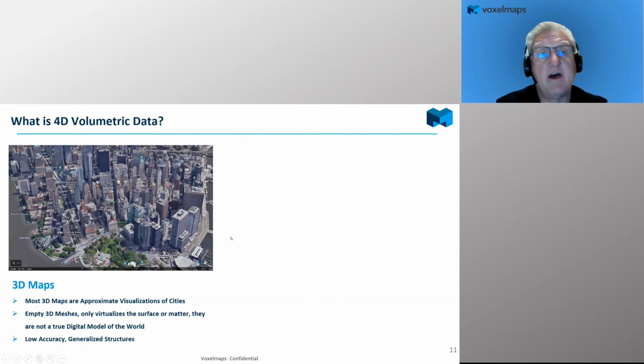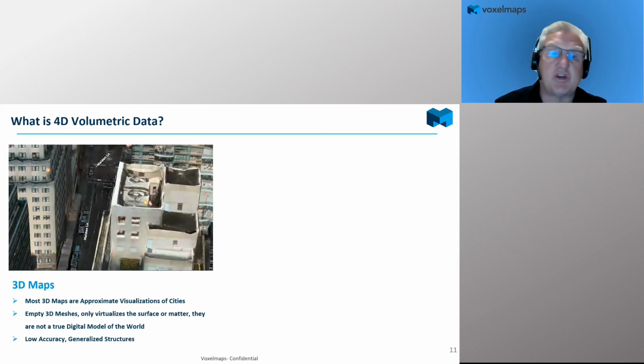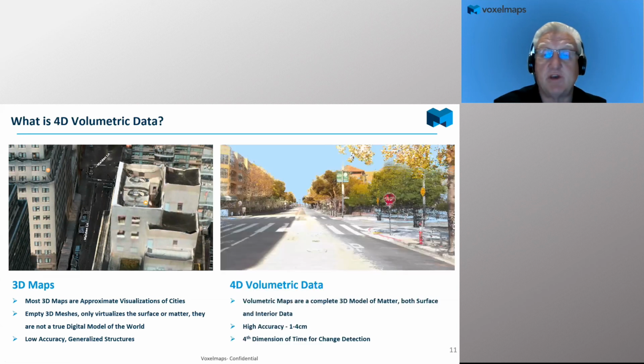They virtualize the surface or the matter, and they're not a true digital model of the world. They tend to be low accuracy and generalize the structure. When you zoom in and look at them, a lot of it gets a little bit mushy, right? So it can be a little bit deceiving in terms of the structures themselves.